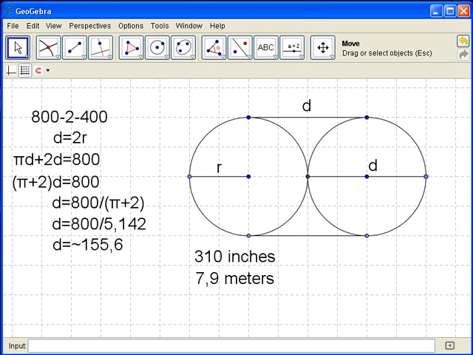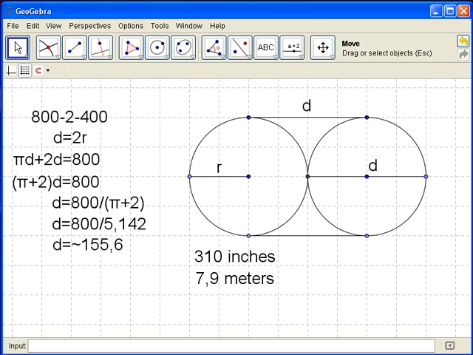So 7.9 meters wide. I don't think such a woman would fit into this room. I mean, my room where I'm currently is something like 4 by 6 meters.